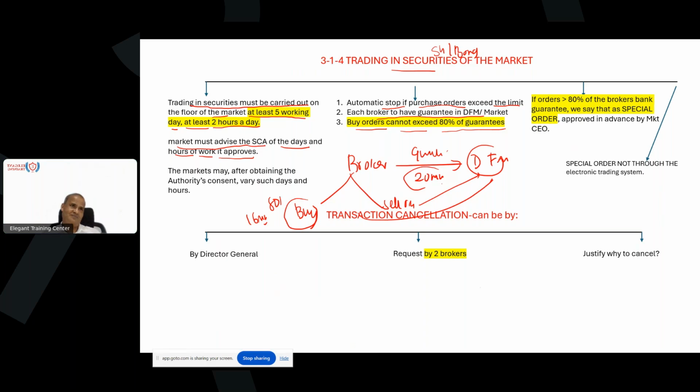Clear? Guarantee will depend on the broker, broker size, broker volume. Next. But here I have one question. Go ahead. Yeah, now if I'm an investor, okay, and I have funds with that broker and I give him a buy order, broker cannot execute because of his limitation. So it will affect me as an investor. You can complain.